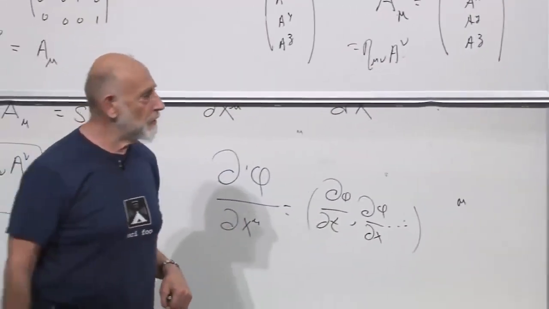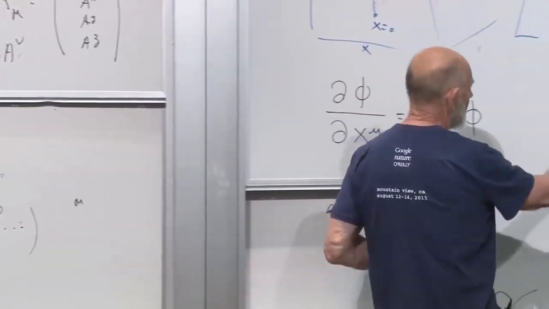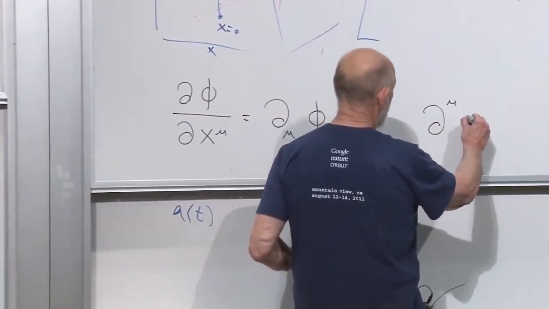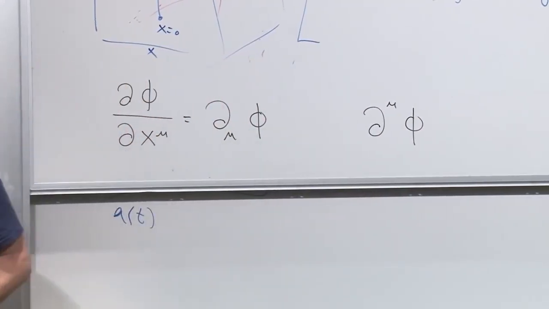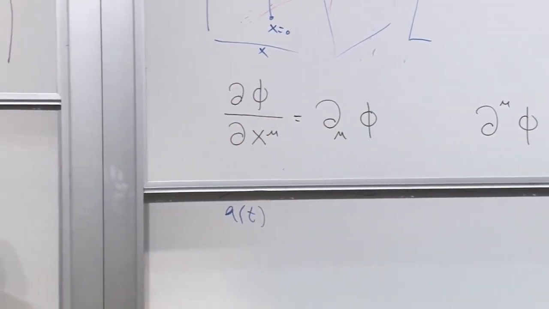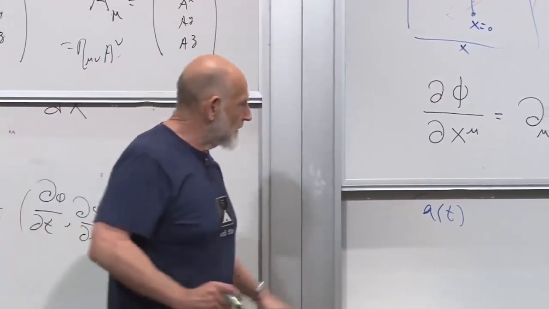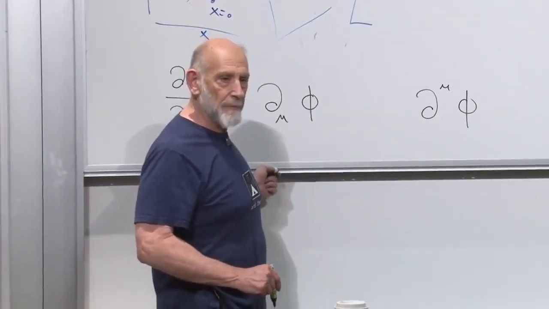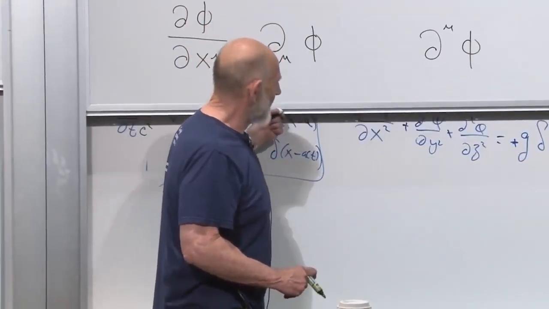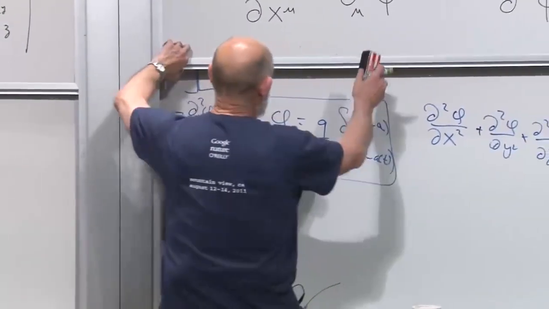Well, now we can use a notational device to invent d mu phi. What is d mu phi with the upper index here? It's actually exactly the same thing, except the time component having the opposite sign. Okay, so let's write out the meaning of these symbols.